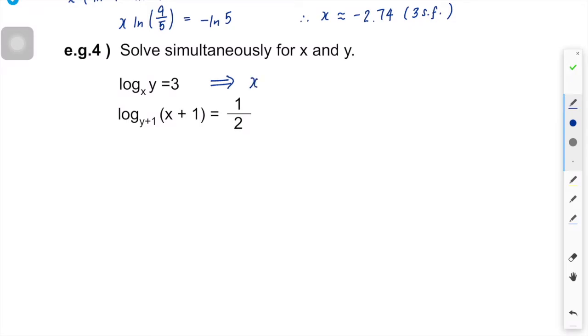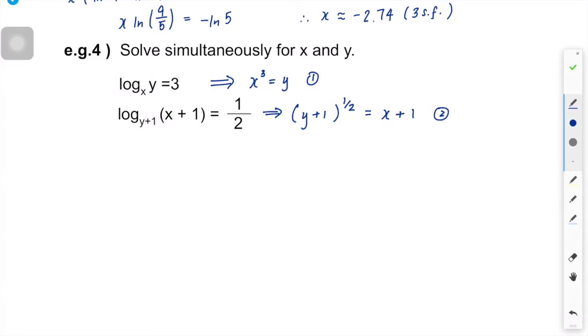So here we go. x cubed is equal to y. Let's call this equation 1. And then here we have y plus 1 to the power of 1/2 is equal to x plus 1. That's equation 2. Okay, that's not too bad.